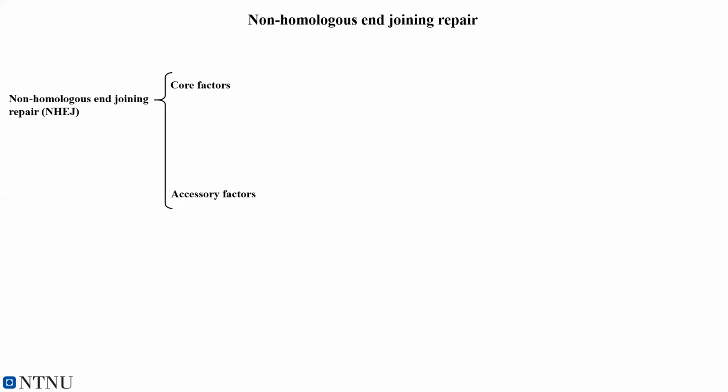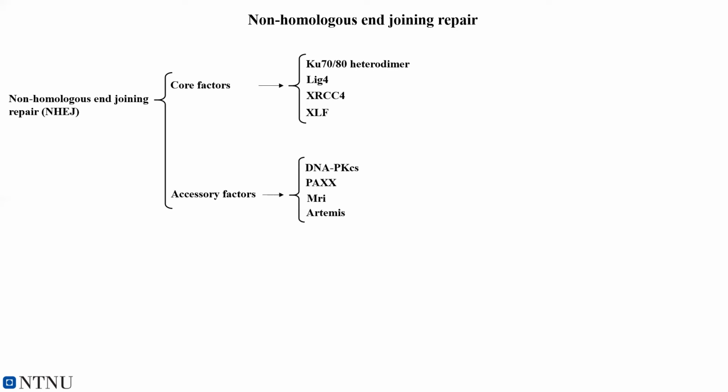Core factors are essential for any kind of DNA double-strand break repair and include Ku70/80, ligase 4, XRCC4, and XLF. On the other hand, accessory factors are required for more complex DNA double-strand break repair and include DNA-PKcs, PAXX, MRI, and Artemis. After double-strand break induction, NHEJ recognizes and processes the double-strand break.